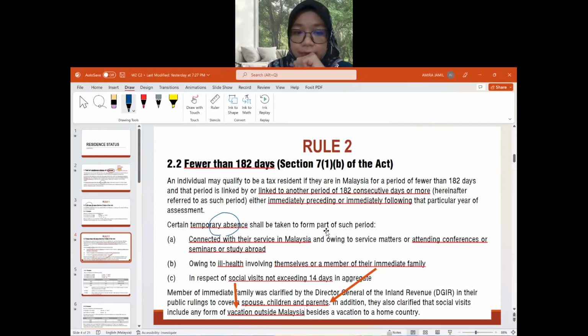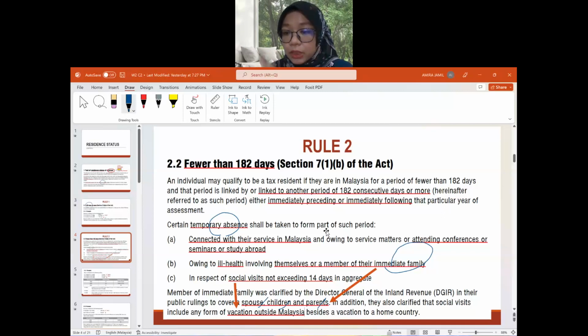The second one is ill health, involving themselves or a member of their immediate family. In this case, immediate family refers only to spouse, husband or wife, children, and parents. Not siblings, uncles or aunties, or grandparents.